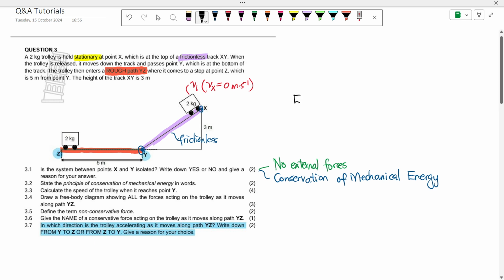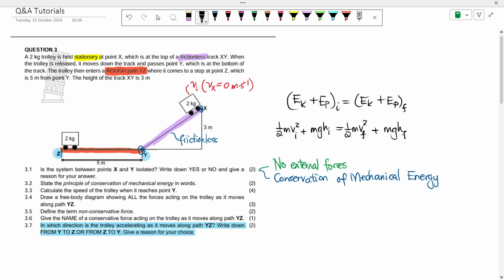It's EK at the initial point plus EP at the initial point, equal to EK at the final point plus EP at the final point. So we have half mv squared at the initial point plus mgh at the initial point, equal to half mv squared at the final point plus mgh at the final point.